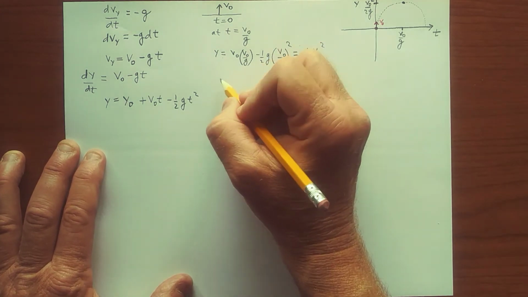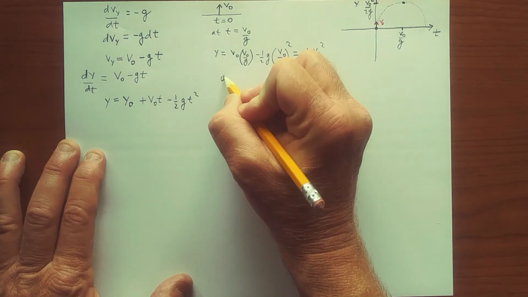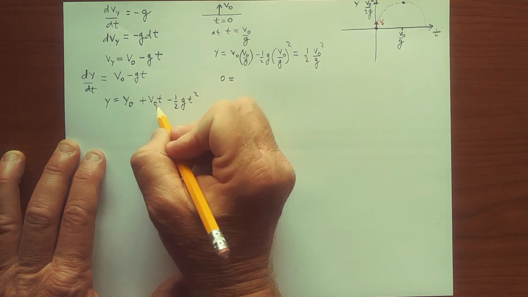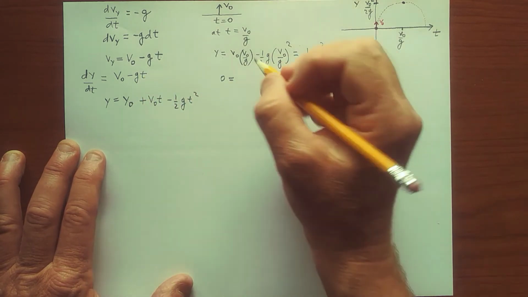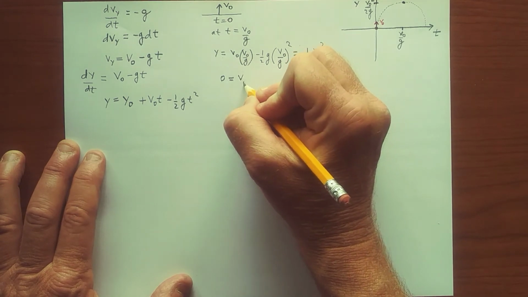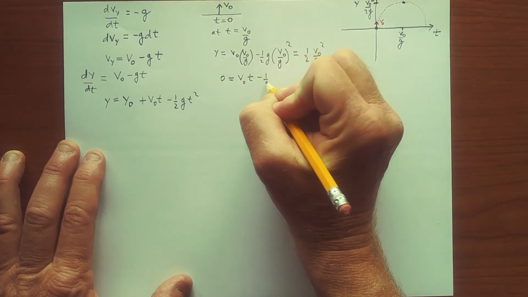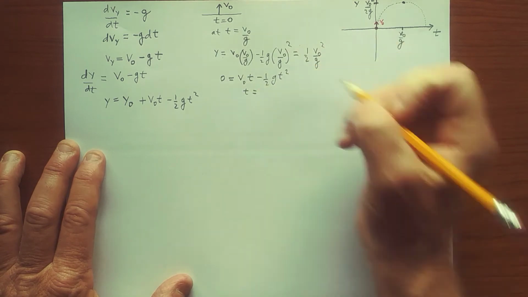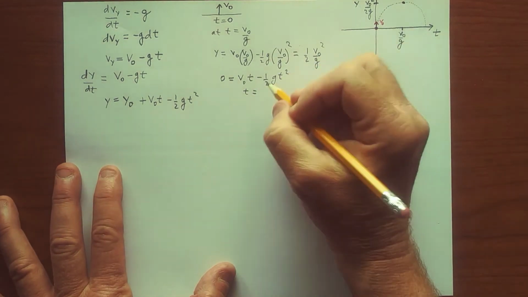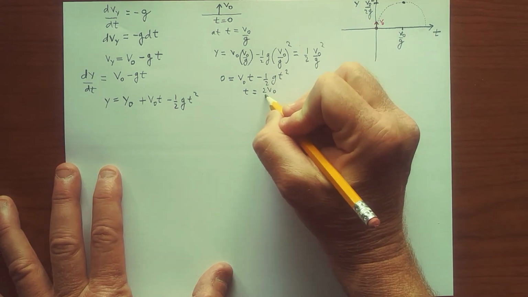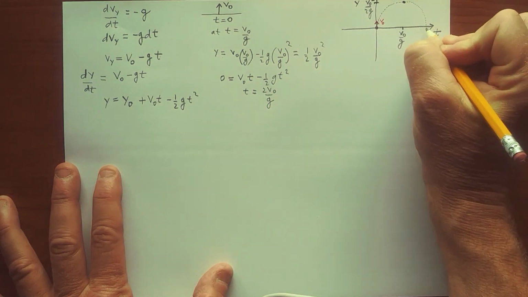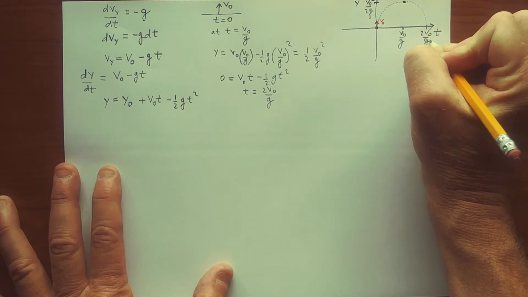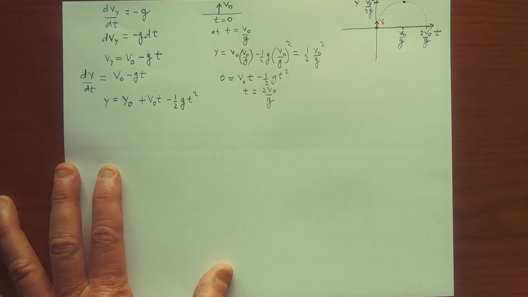So we reach ground level when y is equal to 0, and we have v naught t minus 1/2 gt squared, so the t for when the object reaches ground level is in fact 2 v naught over g. So this is 2 v naught over g, and then we have the motion there.